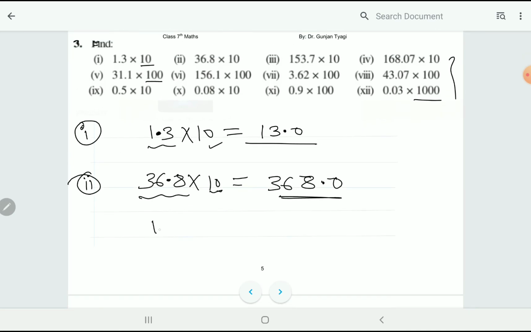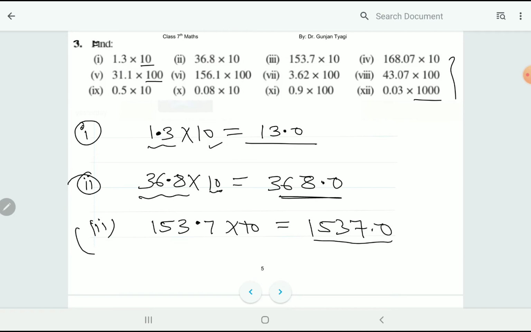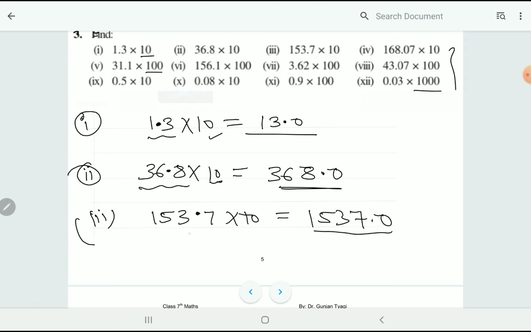Next is 153.7 multiply 10. Third part. So another question, it is also same. Decimal will shift one place to the right from its initial place. Let's do the next one.